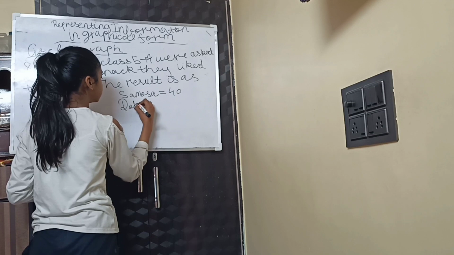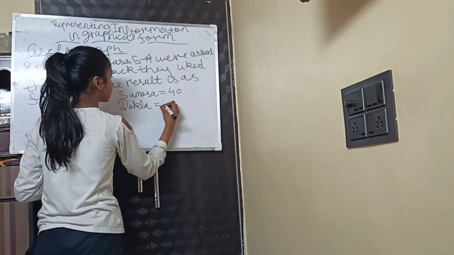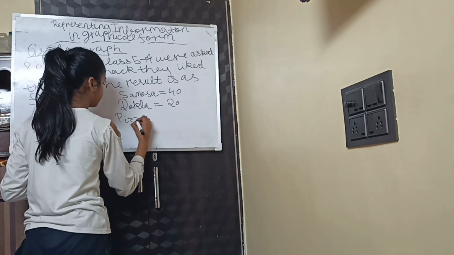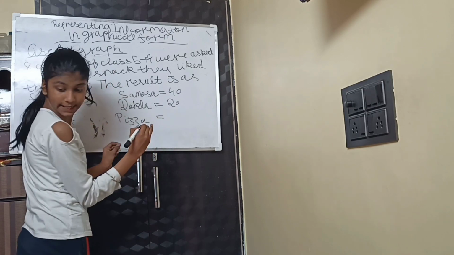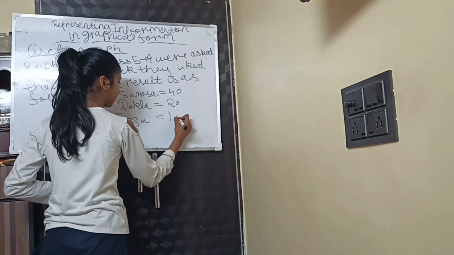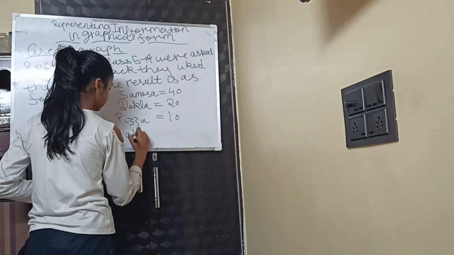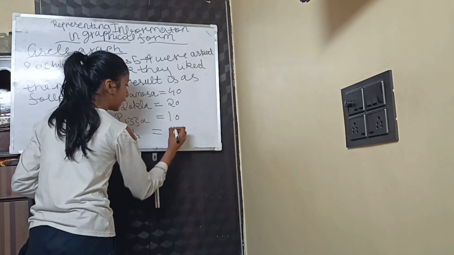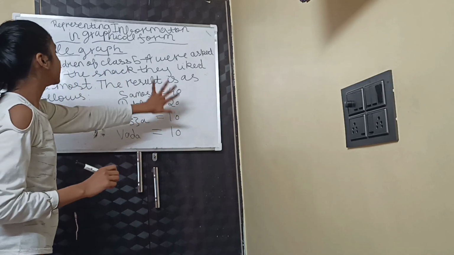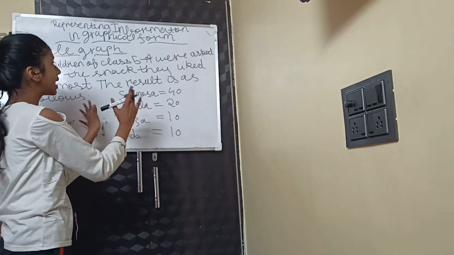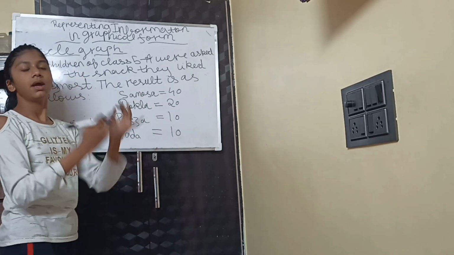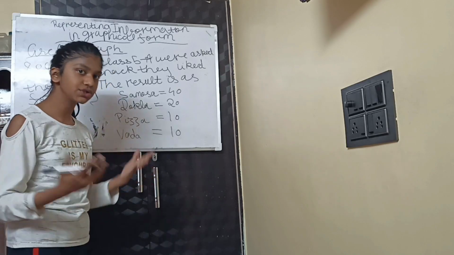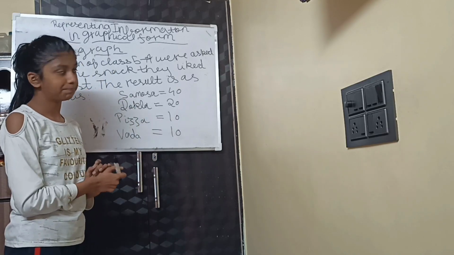Dhokla is equal to 20. Pizza is equal to 10, I believe. Yes, 10. And then vada is equal to 10. So guys, this is the question, and these types of questions will come in circle graphs. These types of questions will also be asked to you in the form of a circle graph.